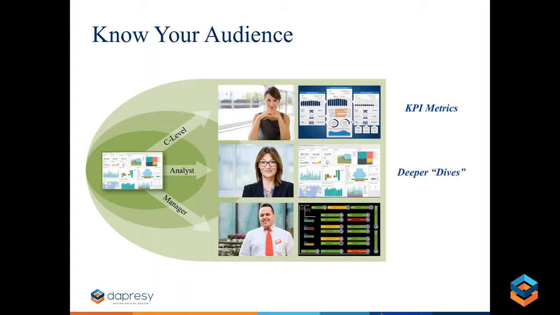Again, we are a dashboard company, so we are going to be talking more about how you can think about this more, but whatever format you're doing, you have to really think about a CEO, C-level is going to be carrying, like we showed before, key metrics. Those that are more analysts and geeky, they're going to really want to get into deeper dives, which is, I want to know more details about my region or my area, like John was talking about, my marketing programs that I'm in.